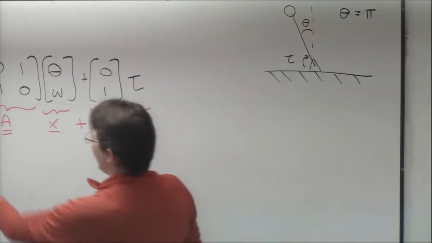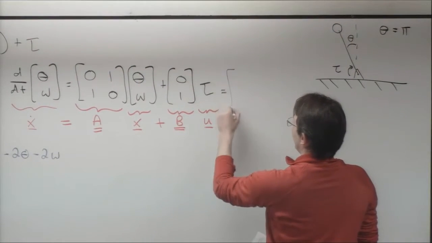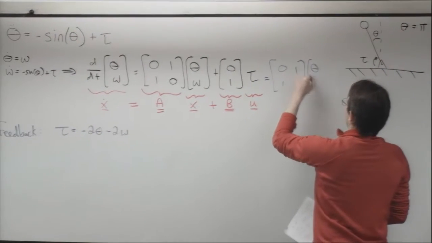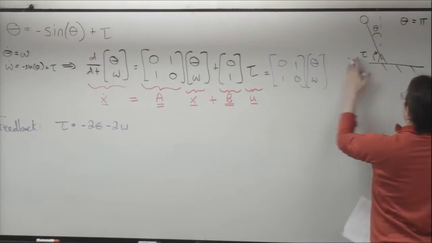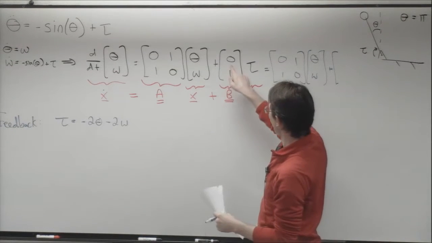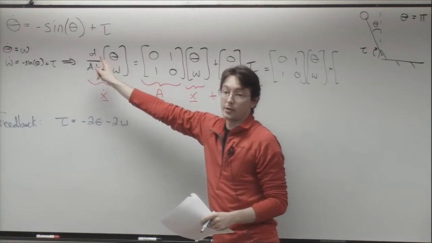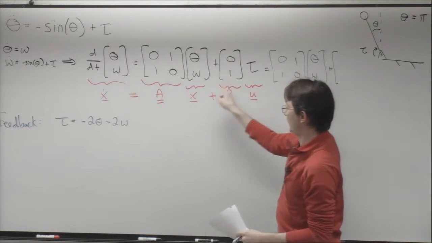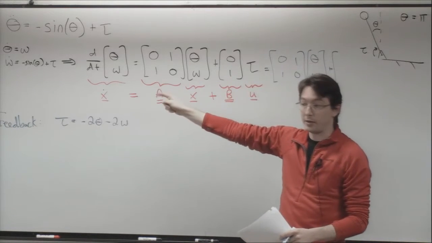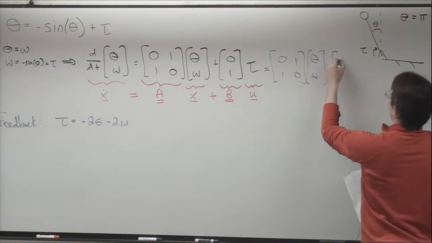And if I plug this in, I find that this whole thing is like 0, 1, 1, 0 times theta, omega plus, I get 0 contribution from this torque in the first row equation, but I get minus 2 theta minus 2 omega in the second row equation, because that's what my torque tau is equal to.